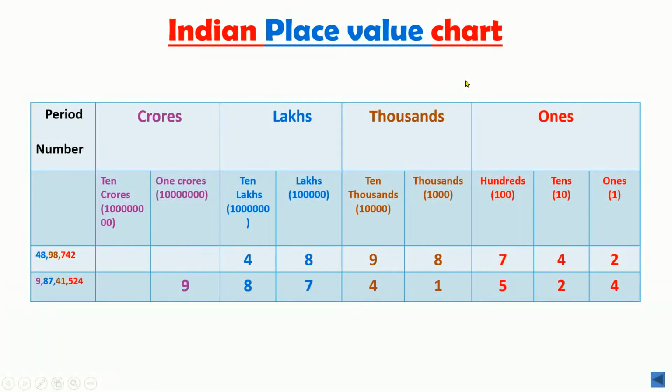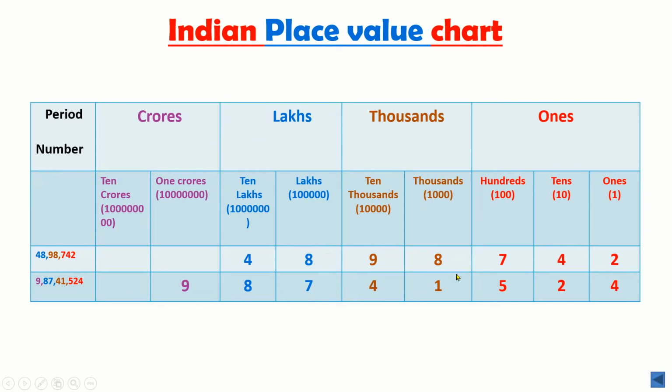So we always read the place value chart from left to right. In the Indian system, we start grouping the numbers from the right, that is from ones, thousands, lakhs and crores. First, we group the numbers from ones as 3 and 2, 2 and 2.